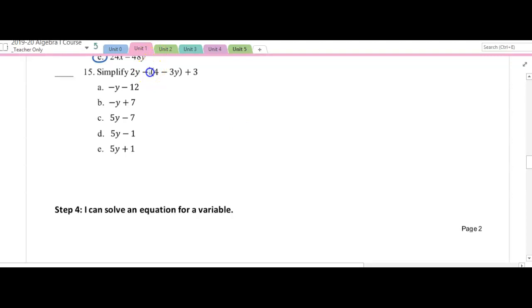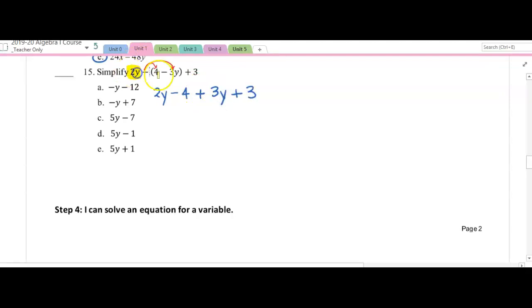I still need to distribute this negative before the parentheses. It's actually like a -1. I'm going to distribute. So 2y drops down, -4 plus, sorry, my pen got a little crazy there, 3y plus 3.